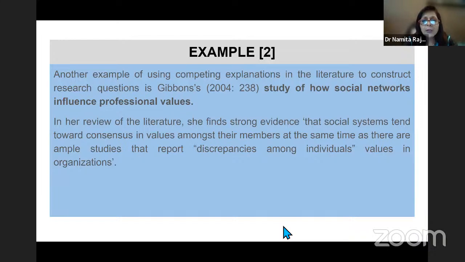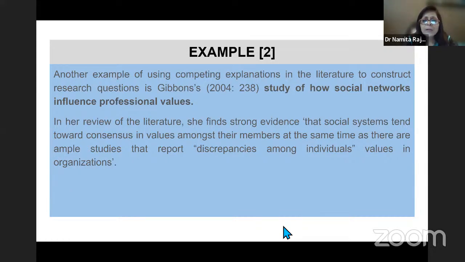So suppose this is the question. So in her review of literature, she finds a strong evidence that yes, the social systems tend towards consensus in the values amongst their members. At the same time, there are ample studies that report the discrepancies among individuals' values in organizations.